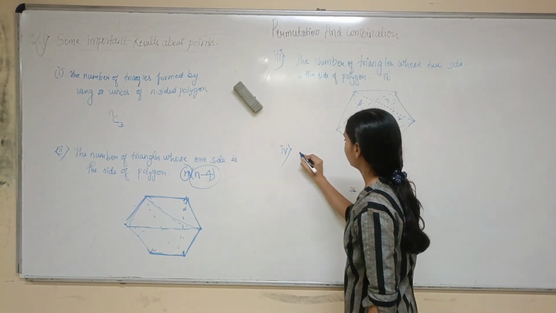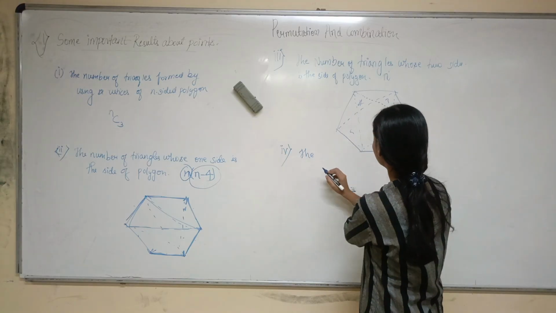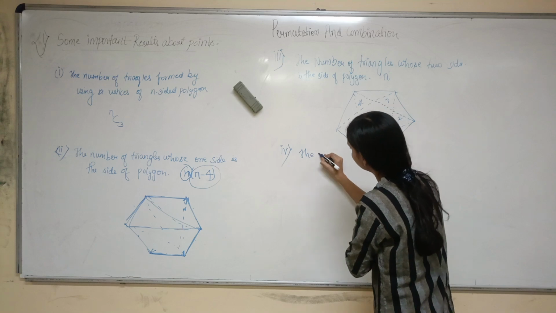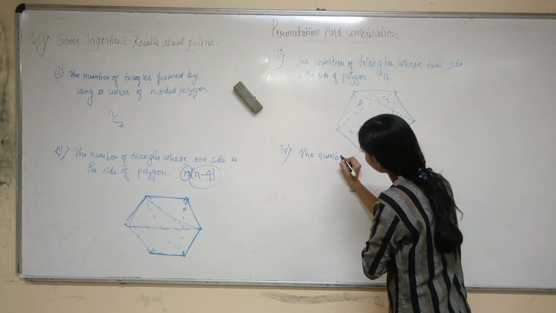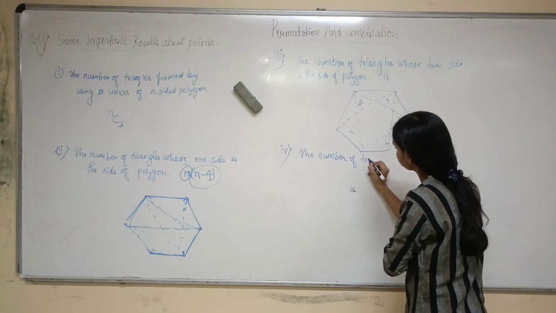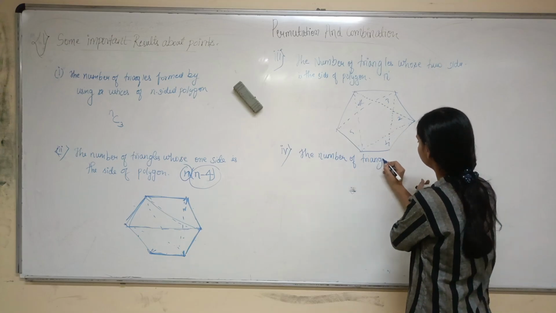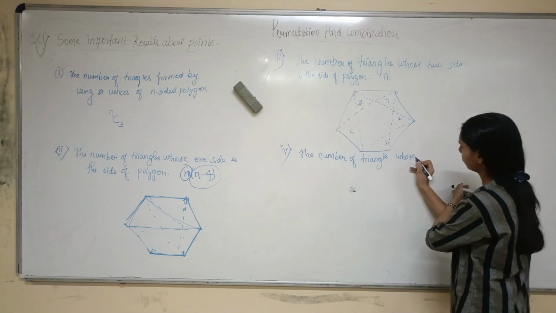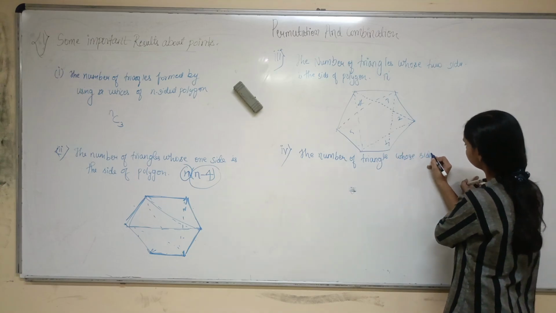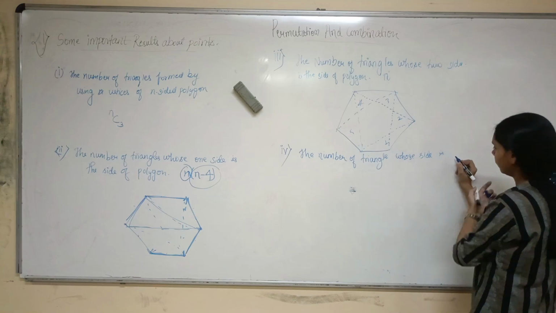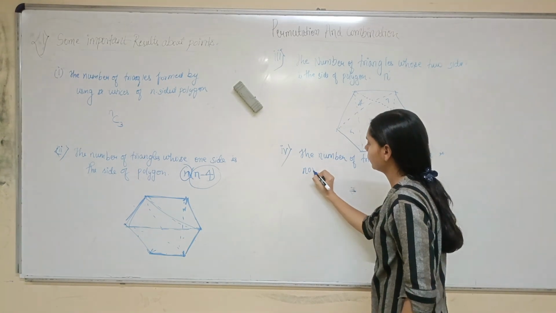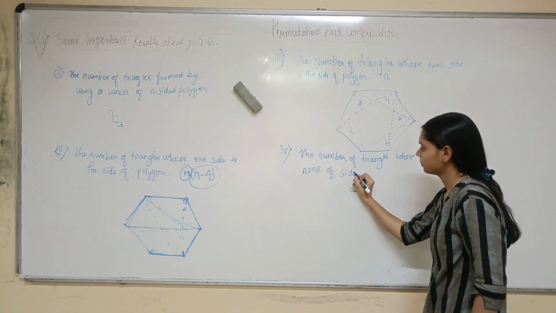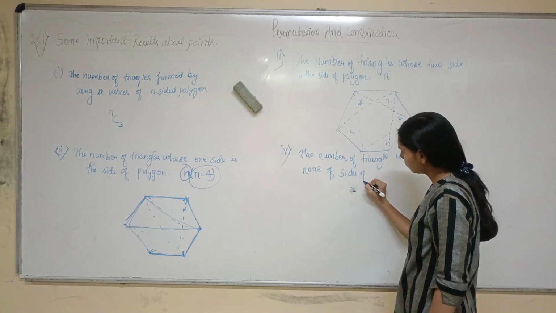So take the other point, 4: write down the number of triangles none of whose sides is a side of the polygon.